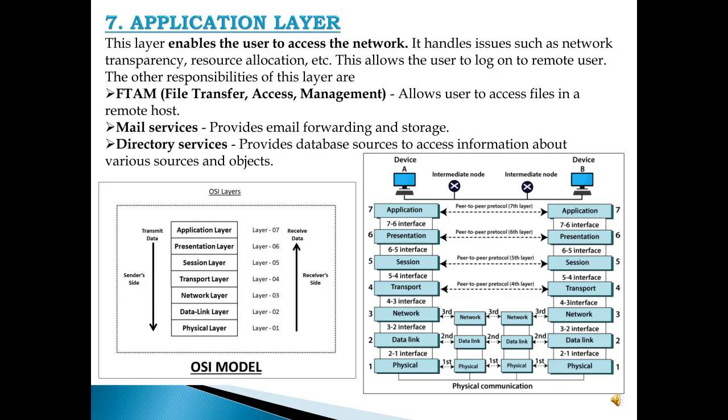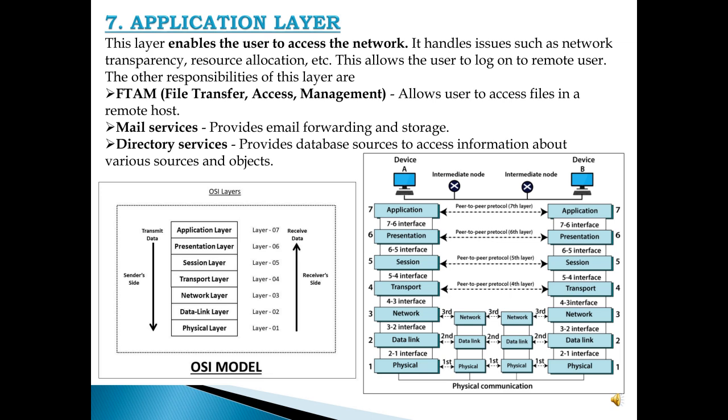Now, here you can see the architecture. So, in the first architecture, you can see the data which is being initiated, one at the sender side, another at the receiver side.